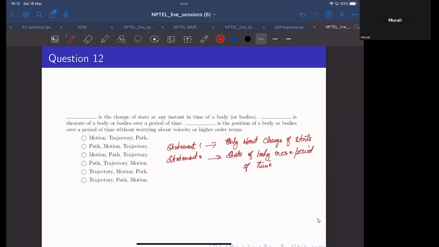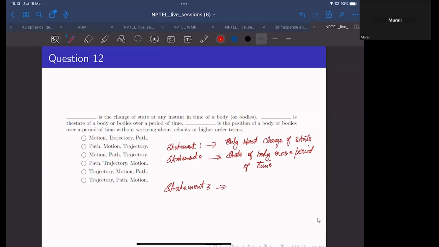So at each and every instant of time, we would have the state of the body, what orientation the body is in, what position the body is at every instant. And for statement 3, what does it say? It says something is the position of the body over a period of time without worrying about velocity or higher order terms.